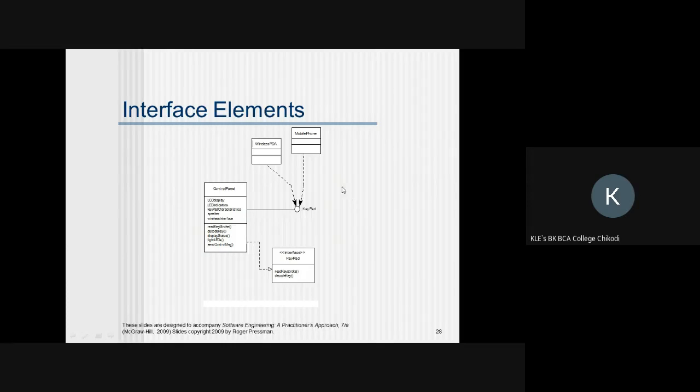Interface model. This shows a keypad, on a phone with a keypad that they have shown. That is a mobile phone.